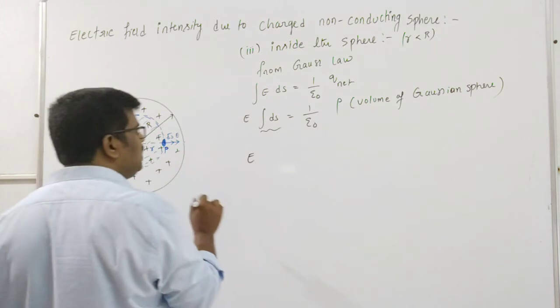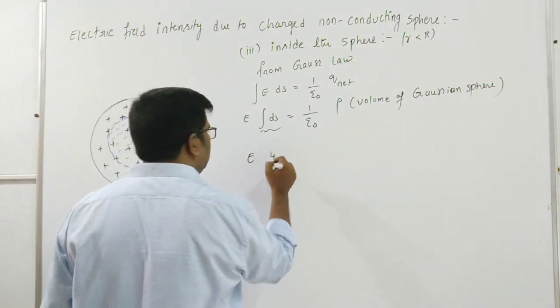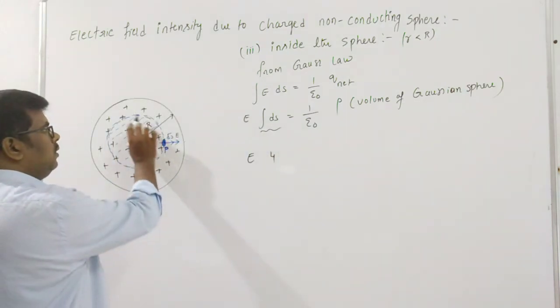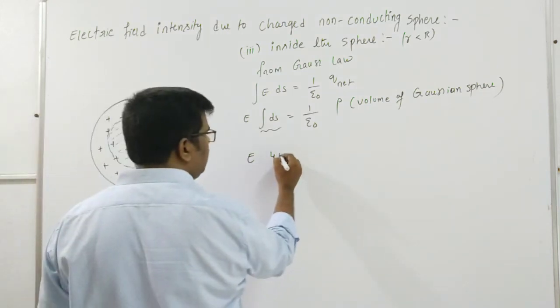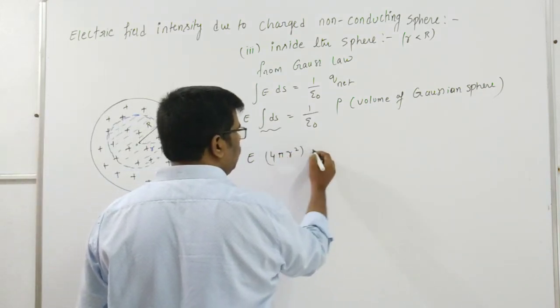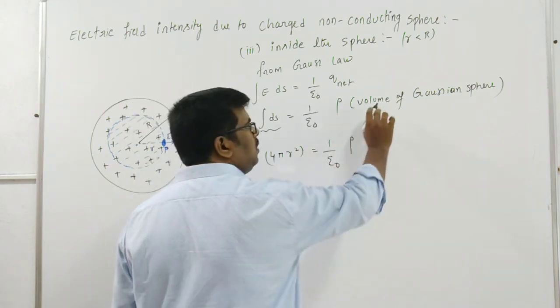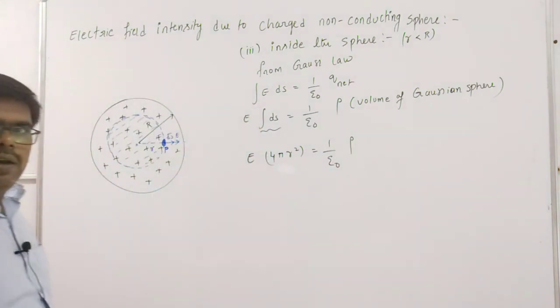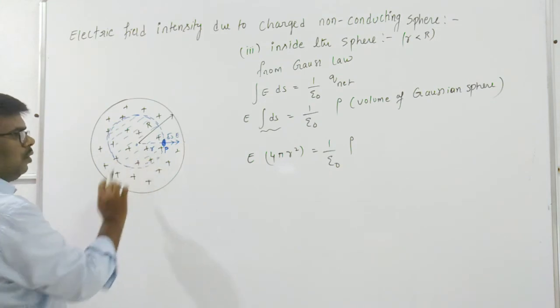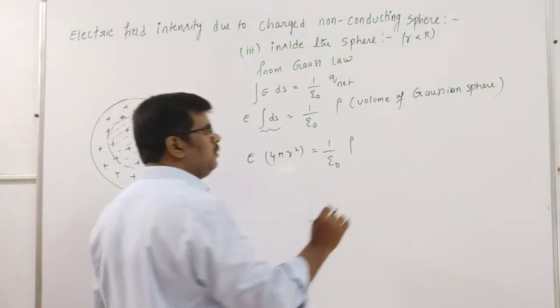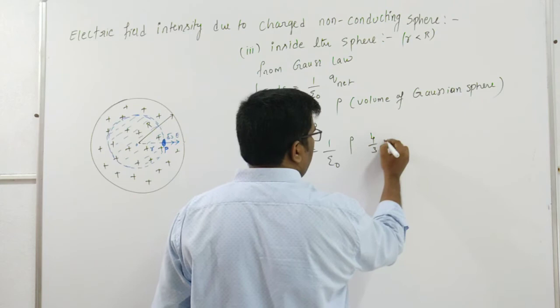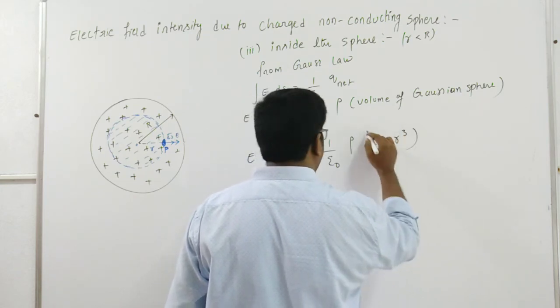The Gaussian surface area, the radius is small r, so spherical in shape, so 4 pi small r square, equal to 1 by epsilon naught times the volume charge density into volume of Gaussian sphere. The radius of the Gaussian sphere is also small r, so we can write that 4 by 3 pi small r cube.